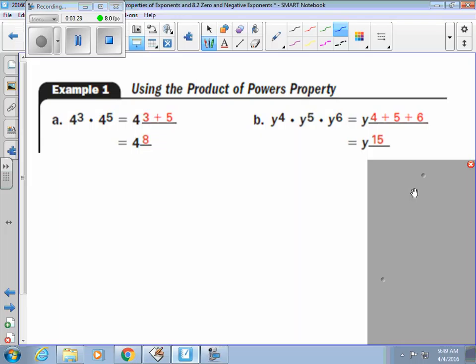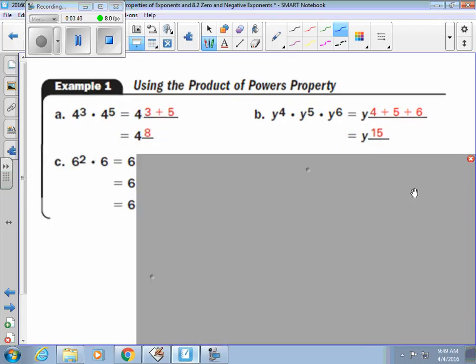We can come up with a number for 4 to the 8th. We can get a great big number right there, but we stopped at that point. But y to the 15th, we can't get any further than that. The next one, 6 squared times 6. Now, here's one of those instances where the exponent of the second number is not shown.